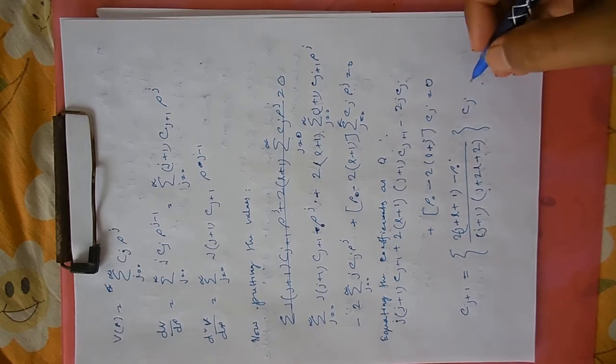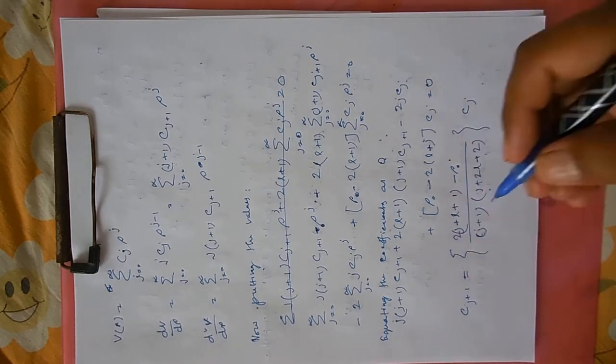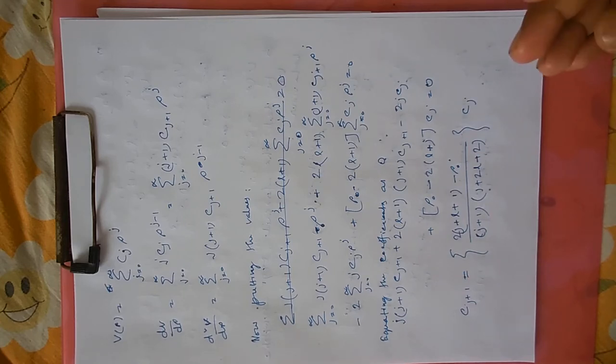So if you know C0, then you can calculate all the terms C1, C2, C3, C4 in terms of C0, and C0 is found by the normalization factor. Now we look at j being a very large value.